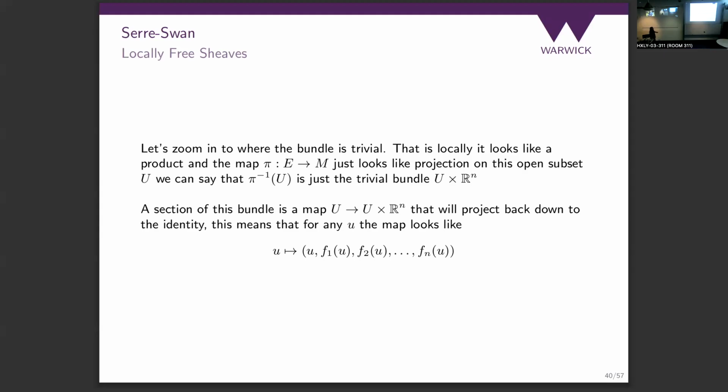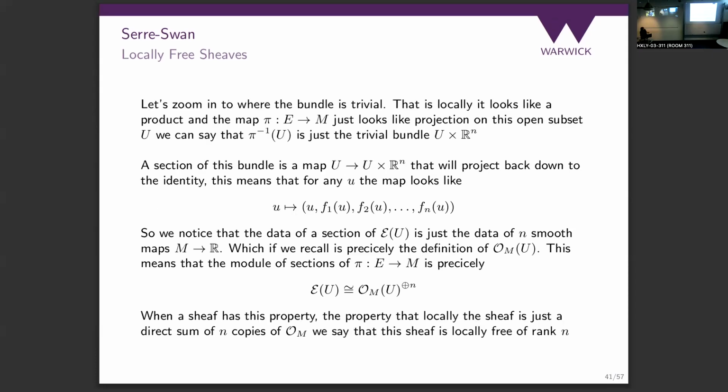Which means, what does this mean? Recall from the definition of the sheaf on a manifold that the structure sheaf of the manifold is precisely the functions on real numbers. So here the data of a section is the same as the data of n real valued functions.